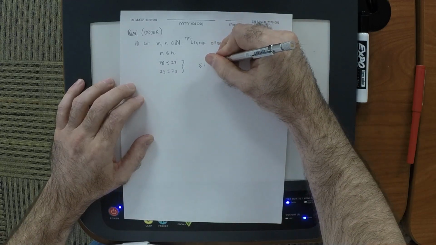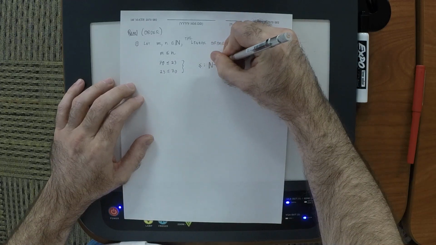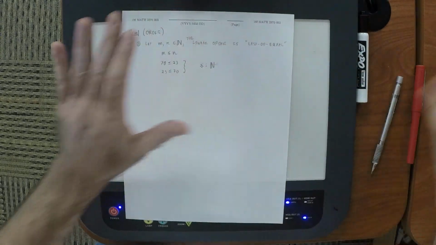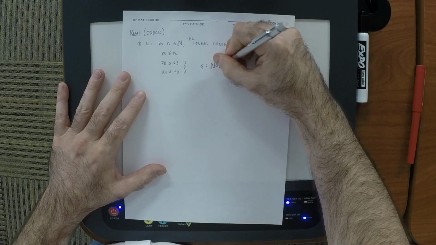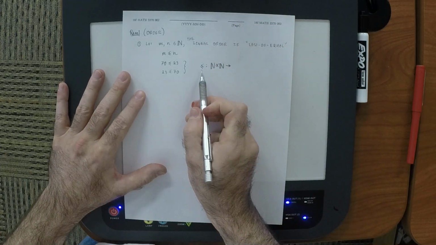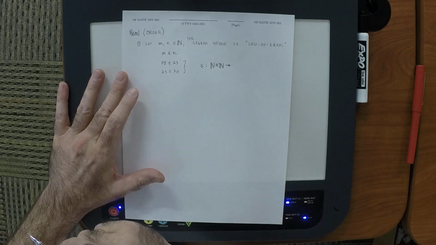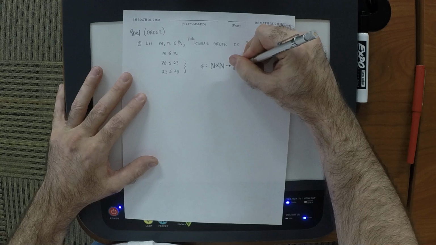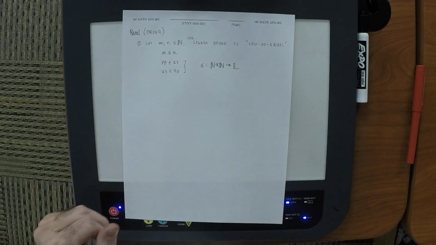So the input is naturals cross naturals. And what kind of thing does the less or equal function produce? A logical, which I'll denote as just boldface L.